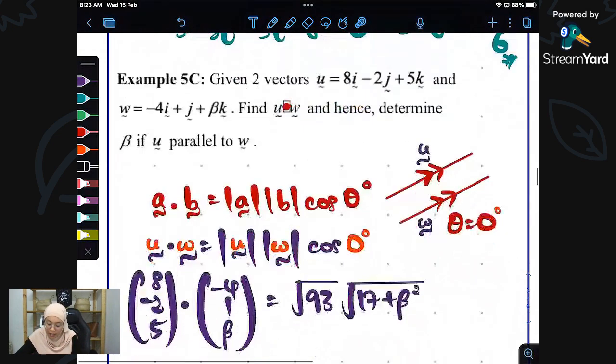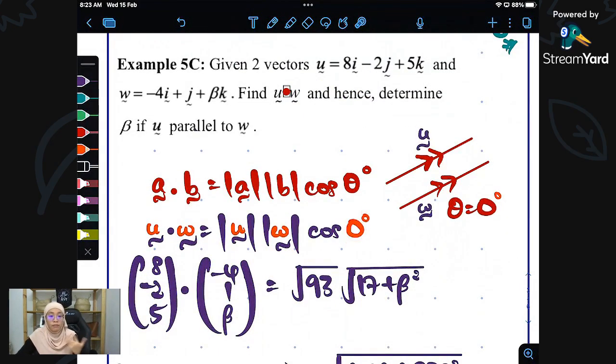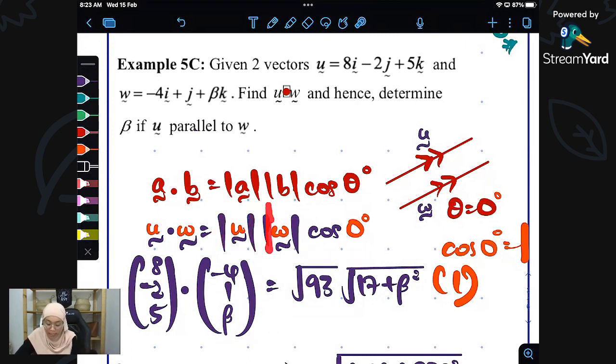So disebabkan dia adalah 0 degree, bermaksud cos kosong, dan cos kosong sebenarnya bernilai 1. So bila dia bernilai 1, you jangan panik. Cos 0 is 1, don't panic. It is just times with 1 at the back here. Didarabkan dengan maksudnya magnitude of the u vector and the magnitude of the w vector is still there.